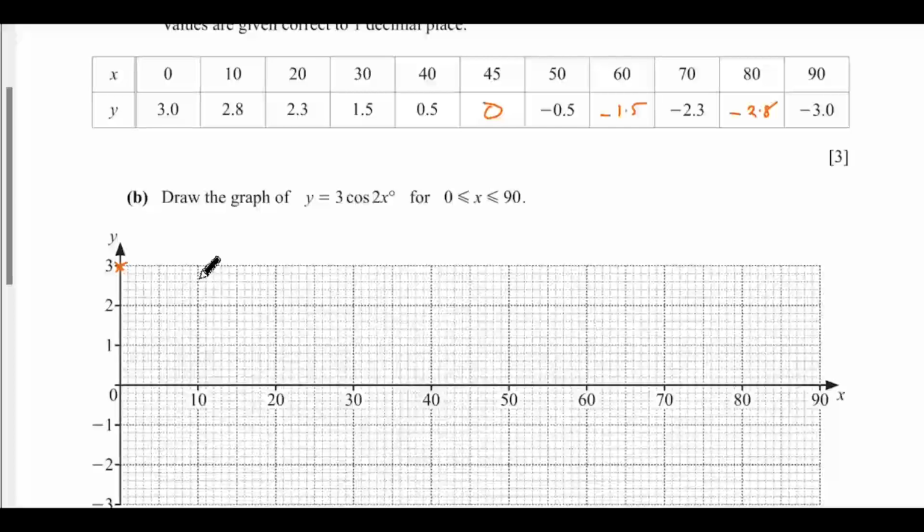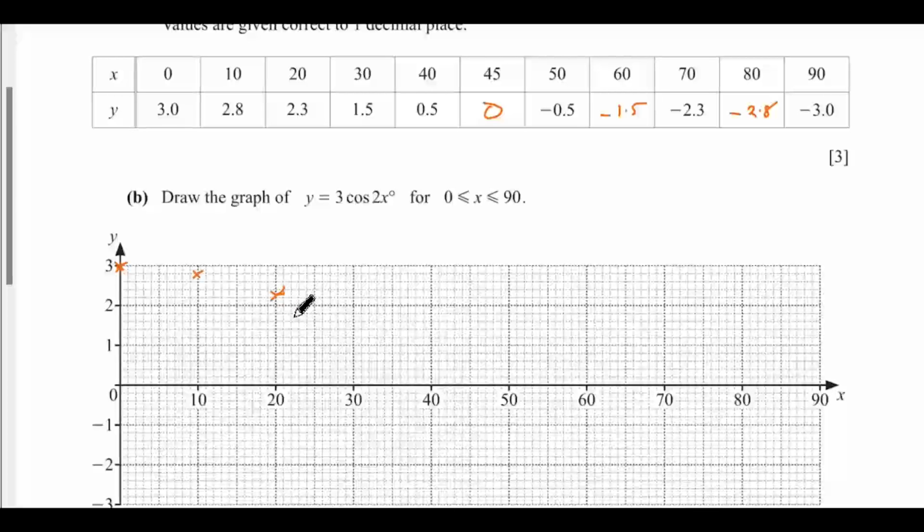So 2.8 will be here. Let's mark it here like this. When x equals 20, y equals 2.3. So 2.3, this is 2, 2.2, so 2.4. It will be in between these two lines like this.